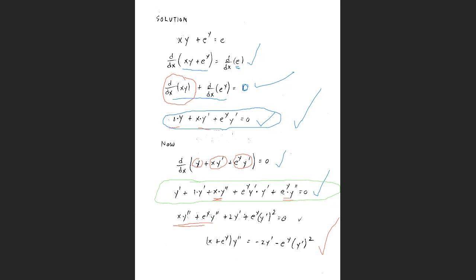The derivative of y is equal to y prime. The derivative of x times y prime, I'm going to use the product rule on that. So I'm going to get the derivative of x, which is 1, times y prime, plus then leave the x alone, take the derivative of y prime with respect to x, that gets you y double prime.